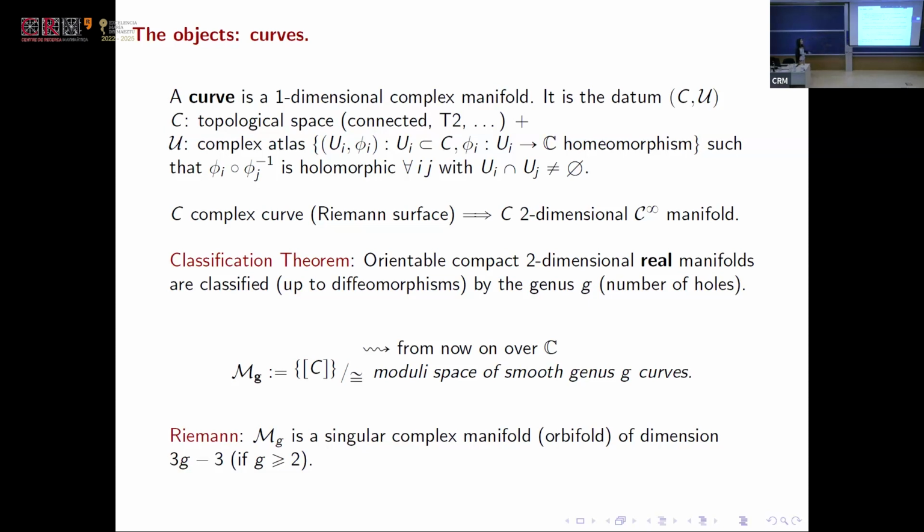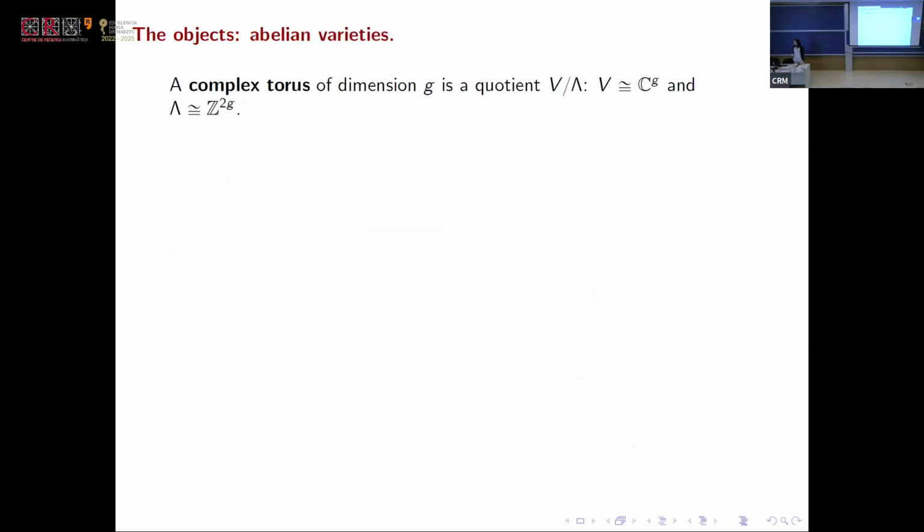In the case of g equal to 0 it is just a point, so we just have the sphere with the complex structure given by the projections from the two poles. And maybe Michele is going to speak about elliptic curves later, so here we have a one-dimensional moduli space.